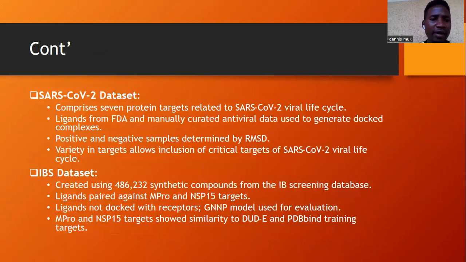So we also have the SARS-CoV-2 dataset. This dataset comprises 7 protein targets which relate to the SARS-CoV-2 viral life cycle. Then we have the IBS dataset, which was created using 486,232 synthetic compounds from the IBS screening database.